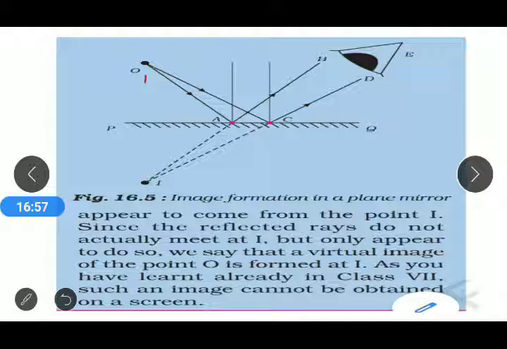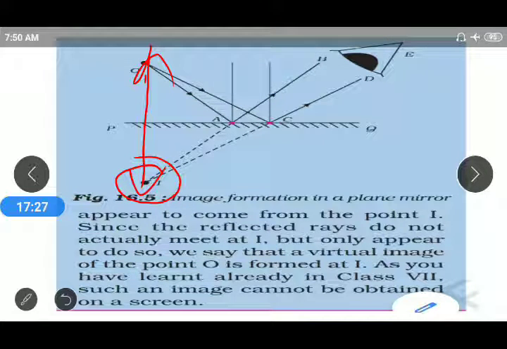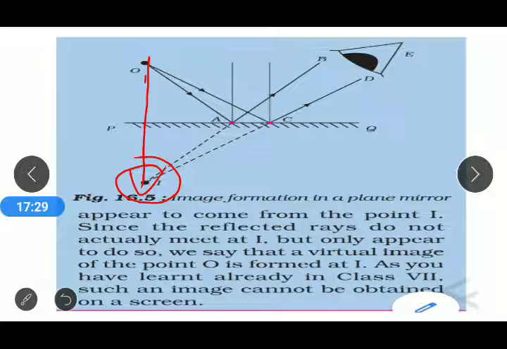Now we extend the lines behind the mirror in the drawing. As we extend the lines behind the mirror from point of incidence A and point of incidence C, we get an intersection point I. That intersection point I is nothing but the image of the point object in the mirror.